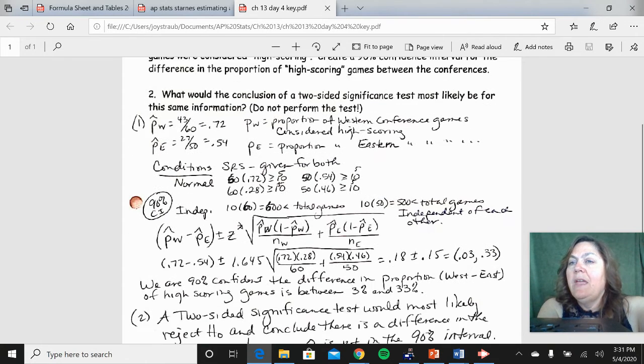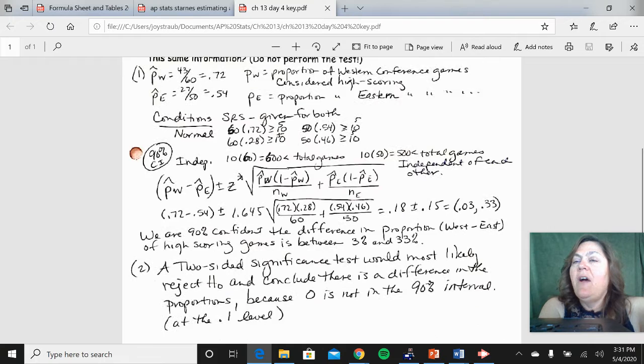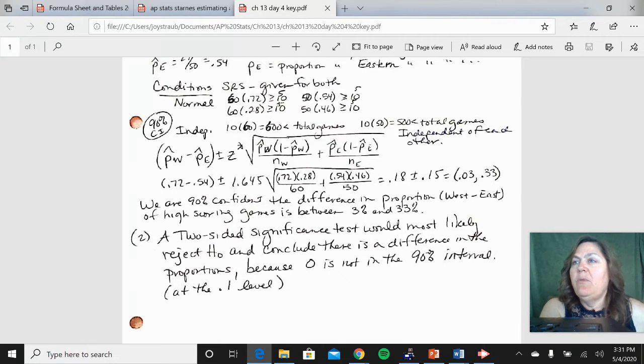So we're 90% confident that the true difference in proportions, west minus east, notice the direction is written there, of high scoring games is between 3% and 33%. Quite a big range there, but we are doing 90% confident, so we're opening up that interval quite a bit. Okay, hopefully you came up with that.